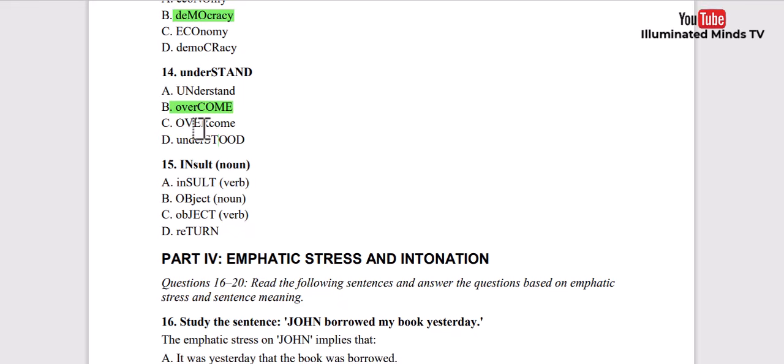This pattern is common in compound verbs and phrasal verbs. And understood, while D is the same verb in past tense, the question asks for the same stress pattern, which B matches correctly.